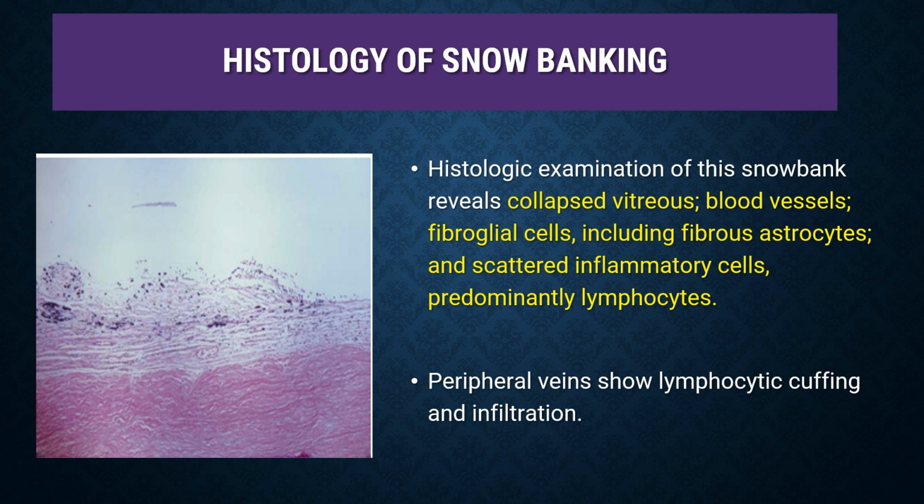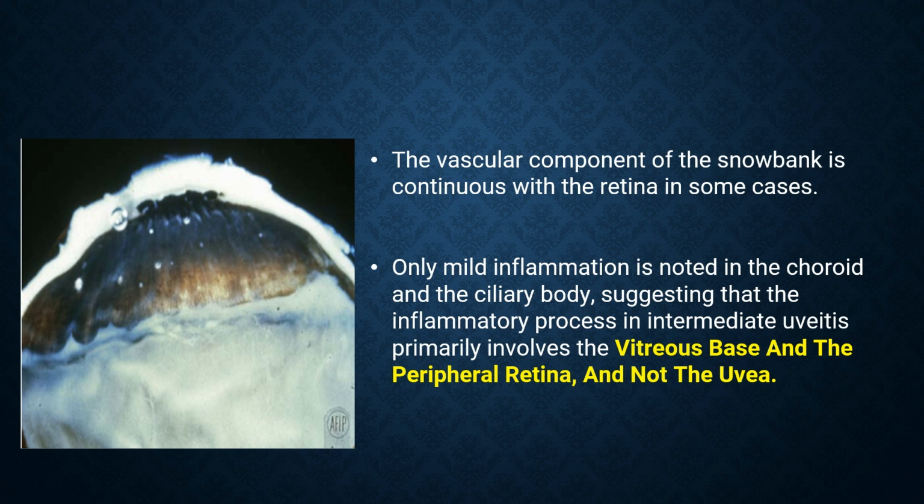Okay, apart from that, what was seen was that the peripheral veins in the retina, near the snow banking area, actually showed lymphocytes enveloping their walls, which is called lymphocytic cuffing and infiltration, again a sign of inflammation.